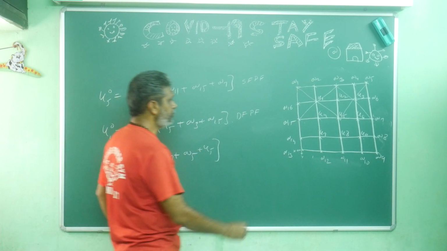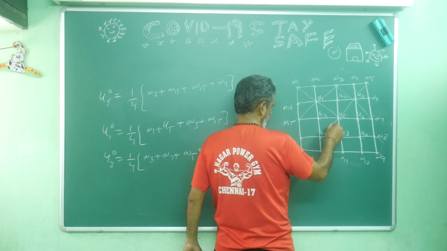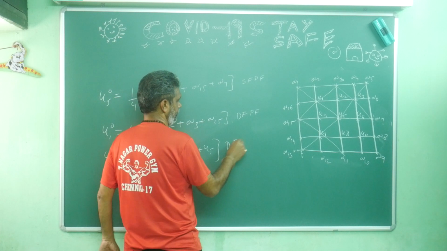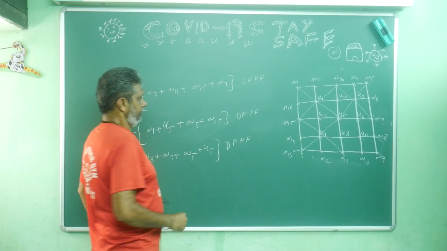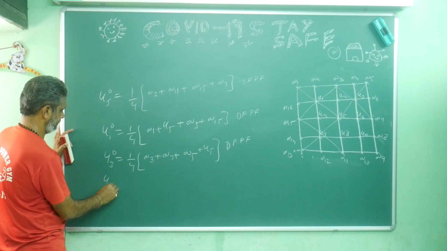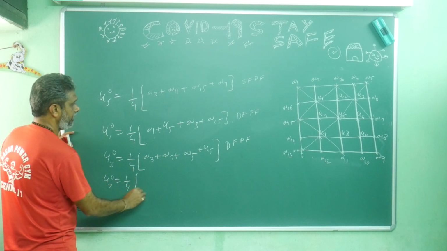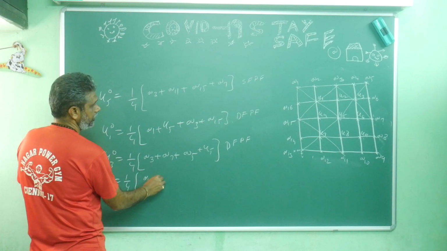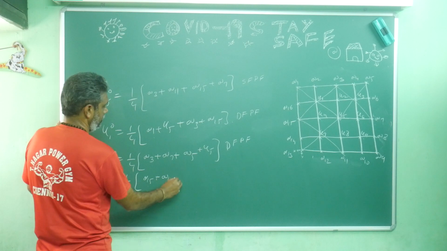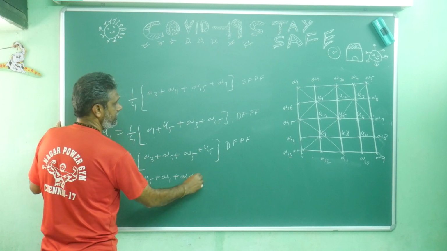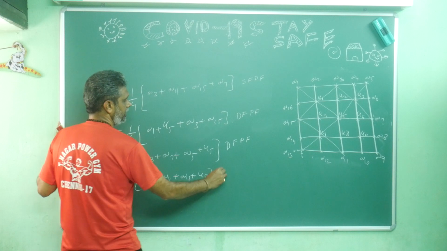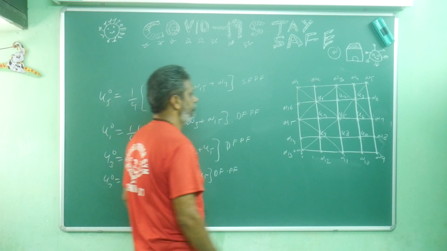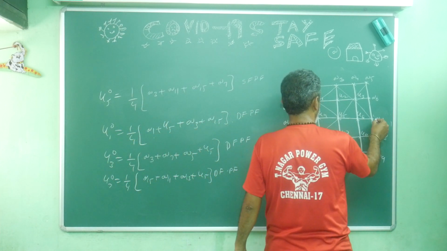Now how can you find U7? Again the diagonal formula. U7 is 1 by 4 of A15, A11 plus A13 plus U5. This is the diagonal 5-point formula. Once I know U7, I will go for U9. How can I write U9?